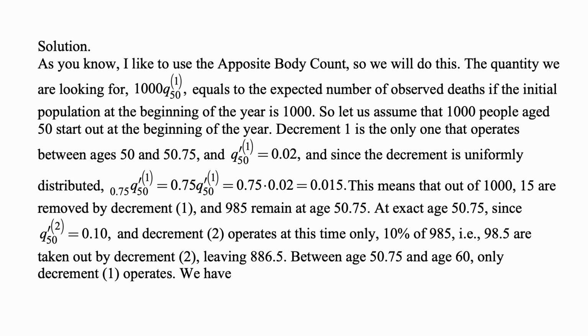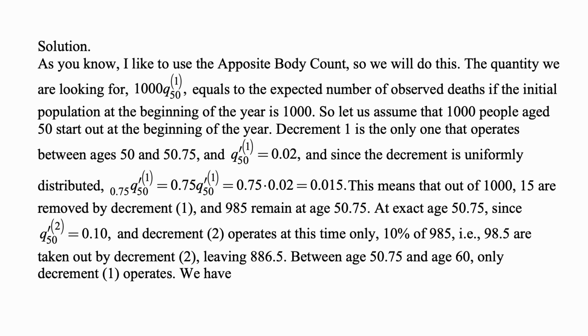That's the defining property, that should be the defining property in your mind of what UDD means. The subscript in front becomes a coefficient for q, of course. And that is in turn 0.75 times 0.02, so it's 0.015. Well, that means that out of the 1,000 that start out, 0.015 times 1,000, so 15 are whacked by decrement 1, and then 985 remain at age 50.75.